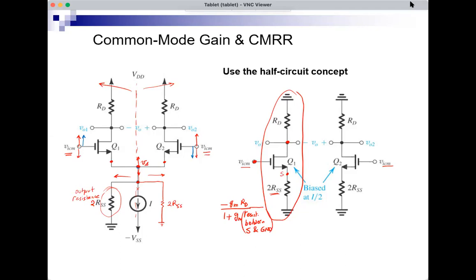If I have a small RO, then we also have a formula for that, so it won't affect our analysis. We can just look it up in the formula sheet. This is, after all, just a common source amplifier with a source resistor.